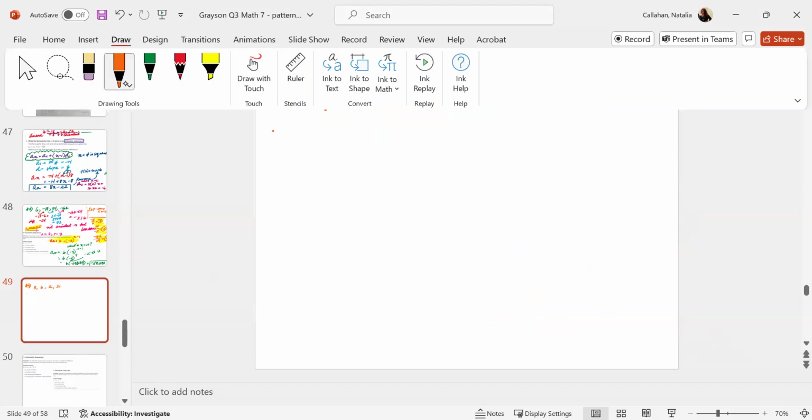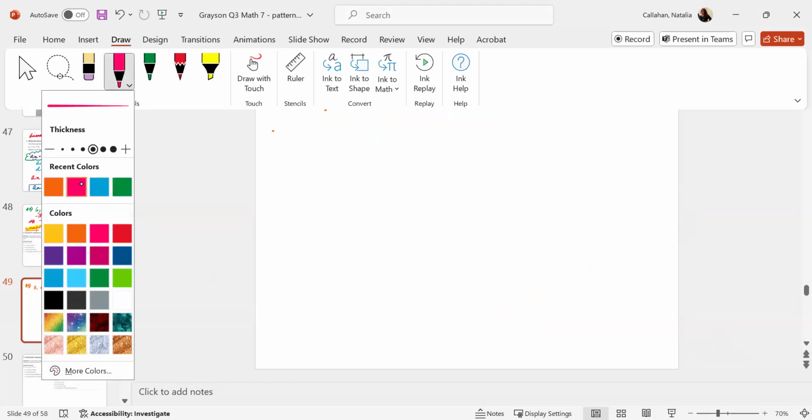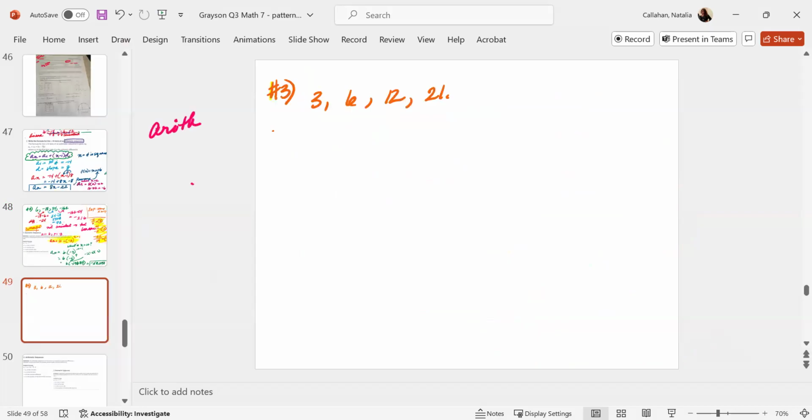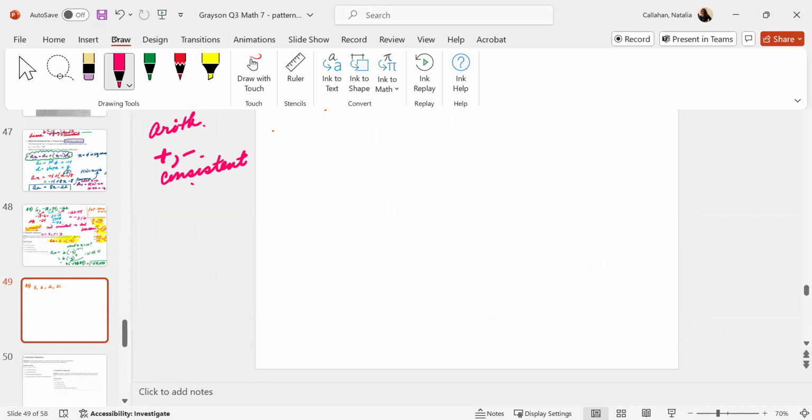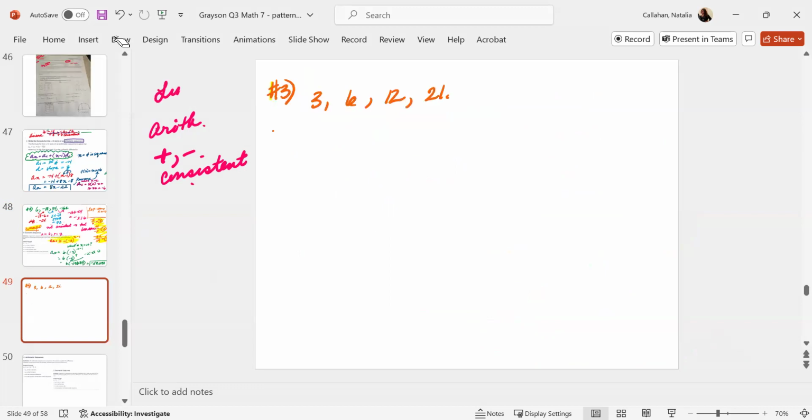Okay, so the difference with quadratic, remember initially we said arithmetic is going to be either adding or subtracting, and it has to be consistent, right? Actually, I'm just going to put it. It's going to be linear. Linear, correct?